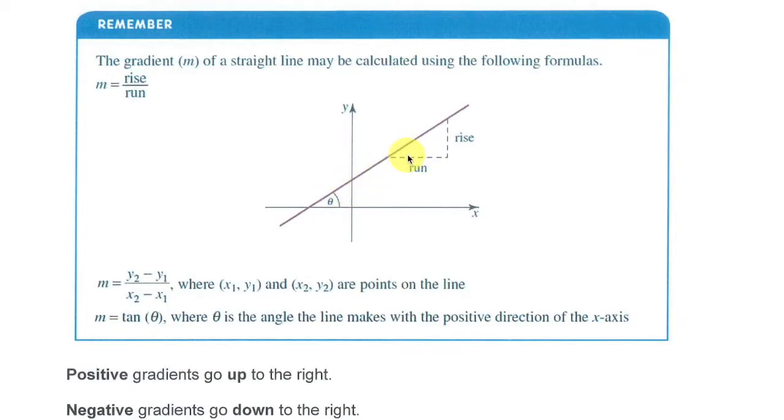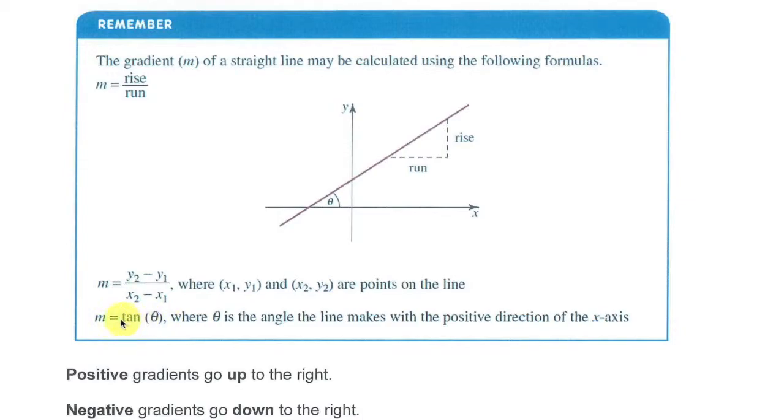And we know that if we take tan of that angle, it will equal opposite over adjacent. So what we're seeing here is that both the gradient and tan of that angle are equal to rise over run. So what we can say is that the gradient, m, is equal to tan theta.